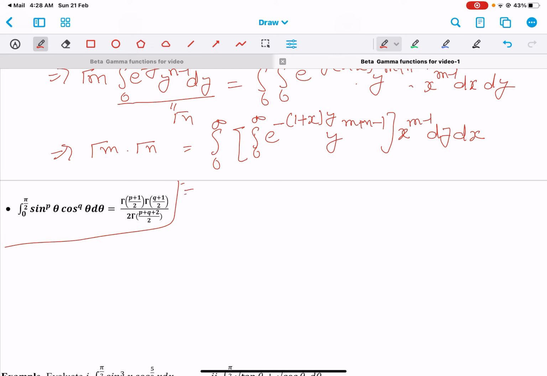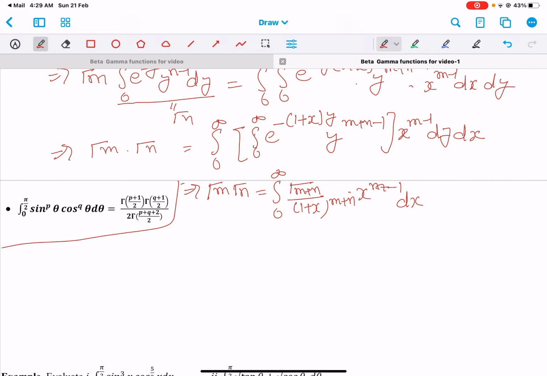So this implies that gamma m into gamma n is given by integral 0 to infinity gamma of m plus n upon (1 plus x) to the power m plus n into x to the power m minus 1 dx.